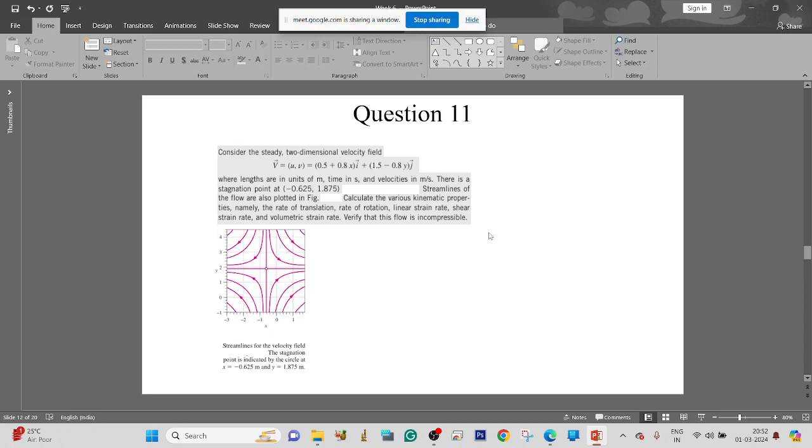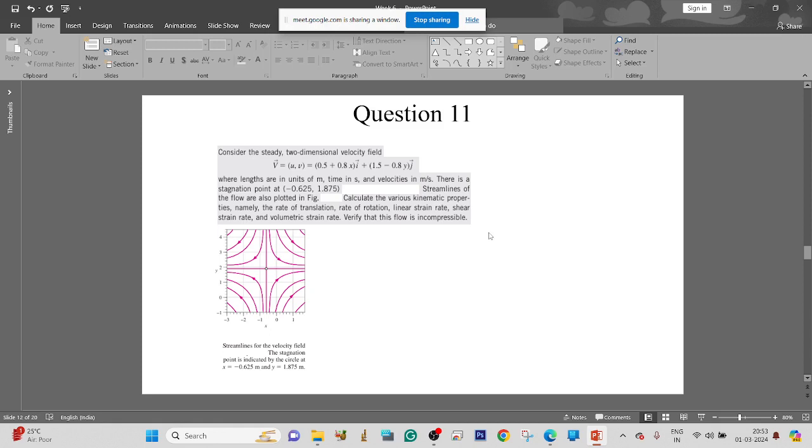Okay, rate of translation means, just 1 second. I have not calculated it a lot. I have not calculated the rate of shear. Leave this one.